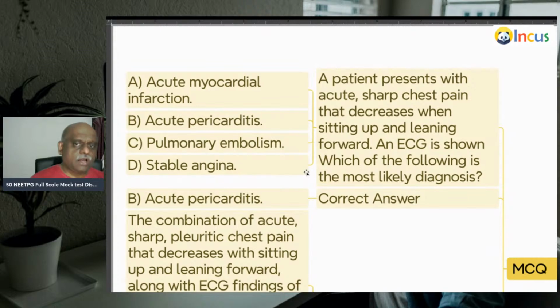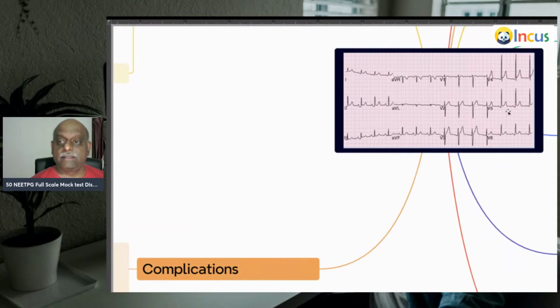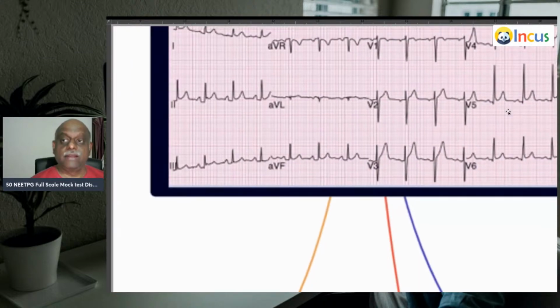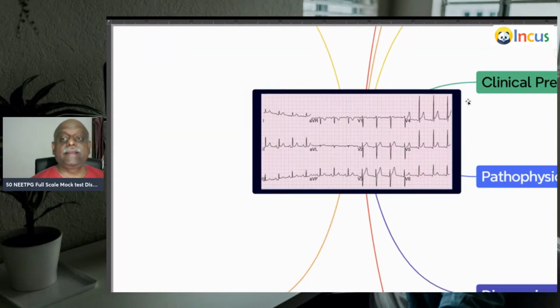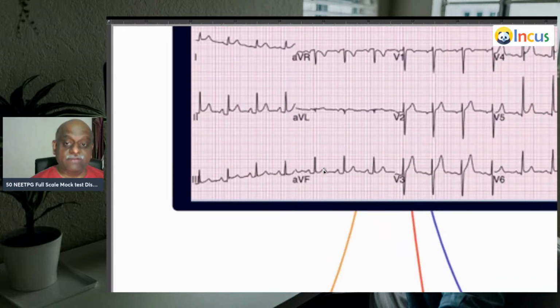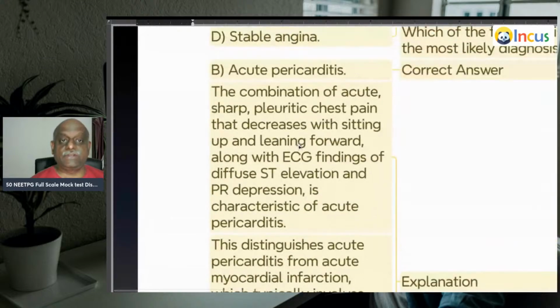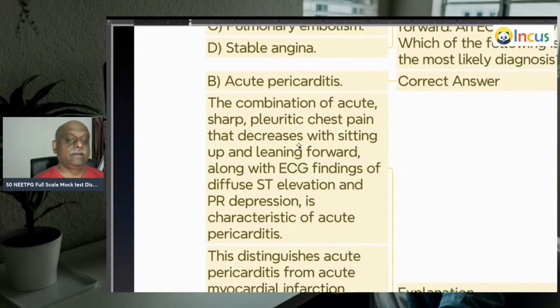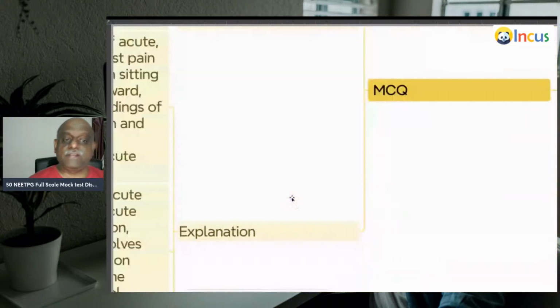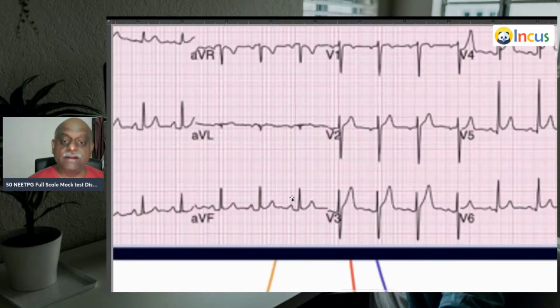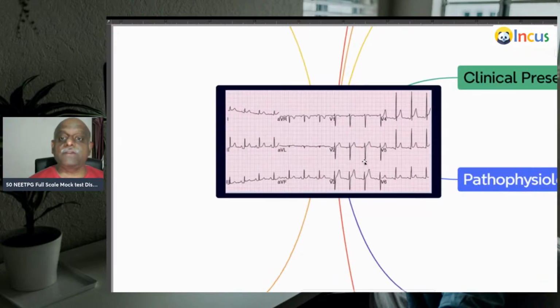A patient has acute sharp chest pain that decreases when sitting up and leaning forward. ECG, what is it showing, doctor? The ECG in this given case, in multiple leads, even non-contiguous leads, is showing diffuse ST elevation along with depression of the PR segment.